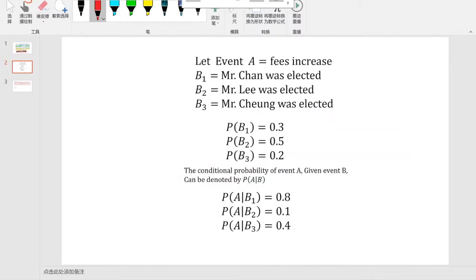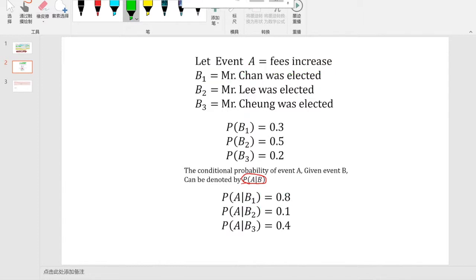From our textbook, we know the conditional probability of event A given event B can be denoted like this. So, given event B1, Mr. Chen was elected, the probability for event A, fees increase, can be denoted like this.